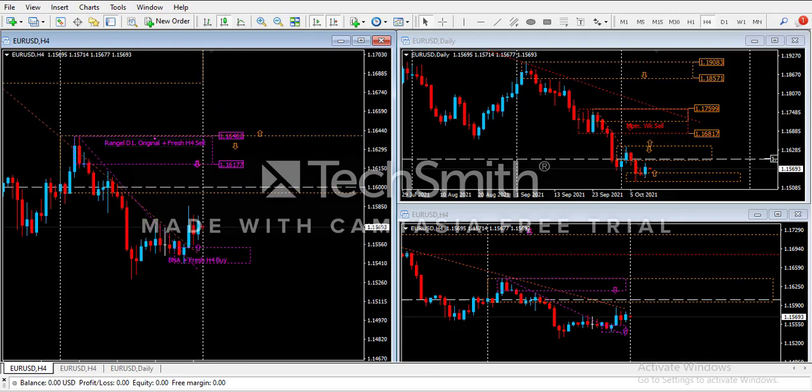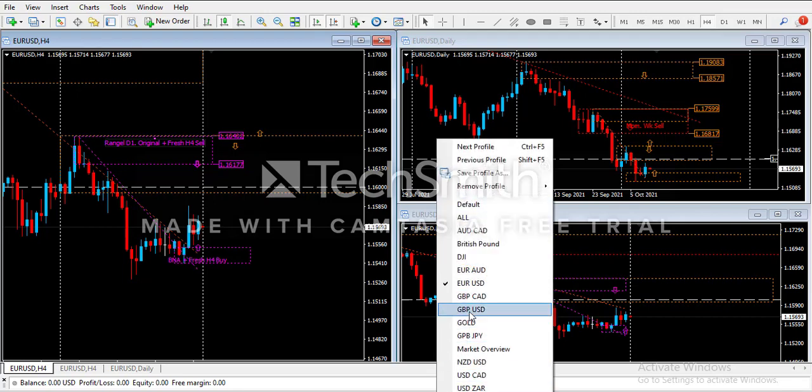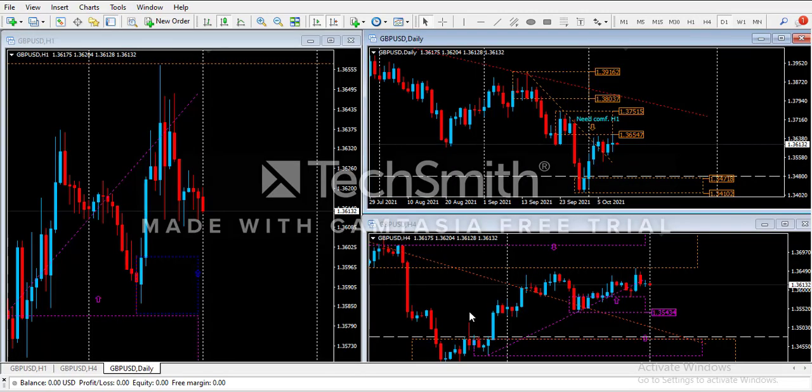Okay, our next pair is Pound USD. So the pair is currently in the daily supply area 1.3654, 1.3751, from which on the lower time frame it's possible to develop a downward correction movement to the demand area 1.3471, 1.3410.